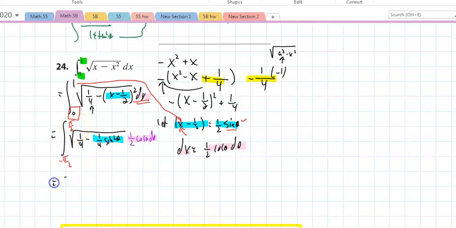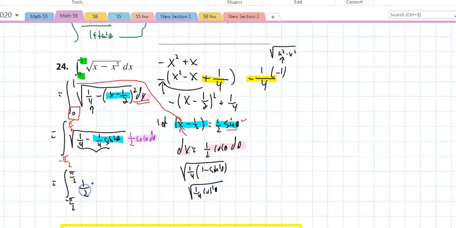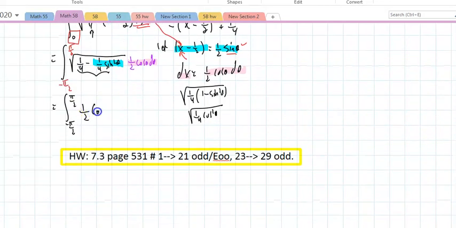Now, if I play with this integral from negative pi over 2 to pi over 2, let me see what happens. Here, I could factor out a 1/4. Isn't that 1/4 the cosine squared of theta? Wouldn't that be 1/2 the cosine of theta times 1/2 the cosine of theta d theta?